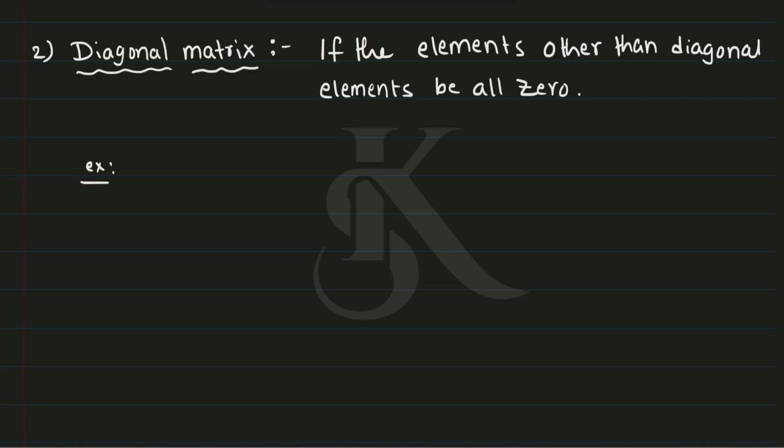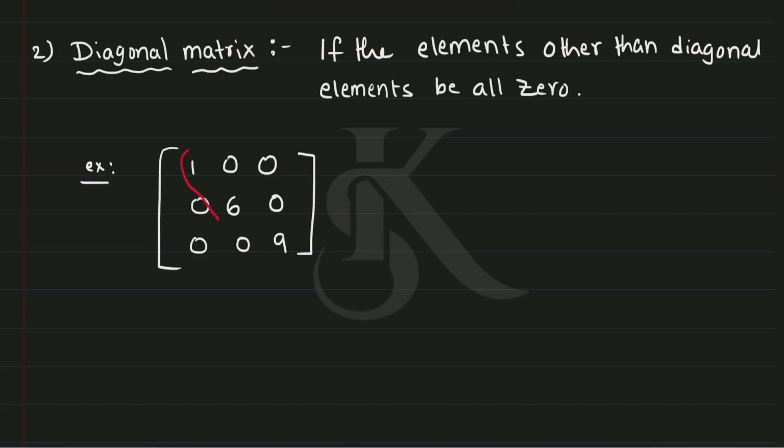Example: 6, 0, 0, 0, 9. See here, this is the diagonal. The elements other than the diagonal are 0.